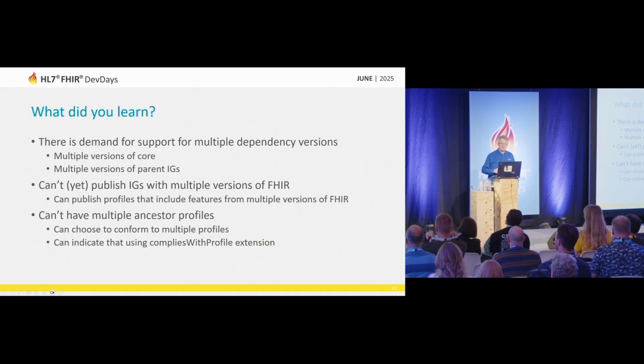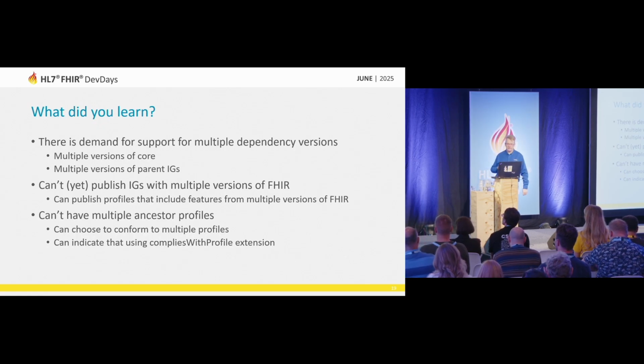So there is utility in supporting multiple different versions, both of the core specification and of parent IGs. You might not be in that world yet, but so long as people continue to care about your implementation guide and care about new things that happen in the world, odds are that you will be in this boat at some point.